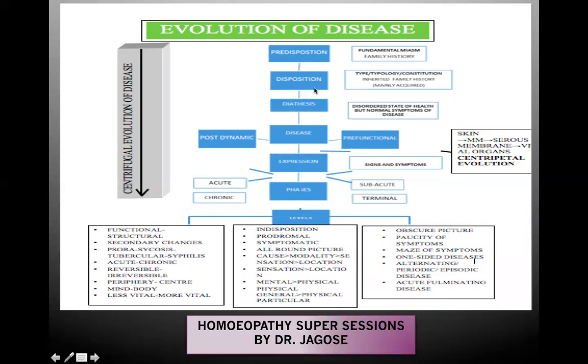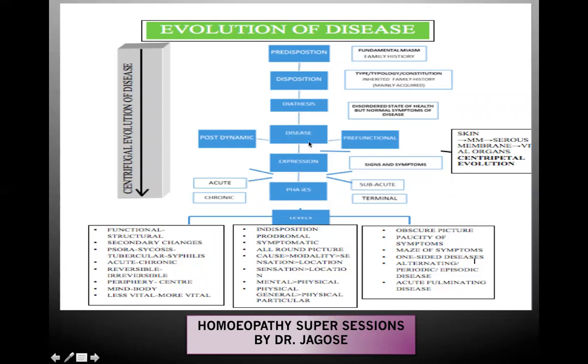The disposition, whose synonyms are type, typology, constitution, is inherited from the family history, but mainly it is acquired. Now, diathesis is a disordered state of health between normality and abnormality, a state between normal susceptibility and the disease condition.